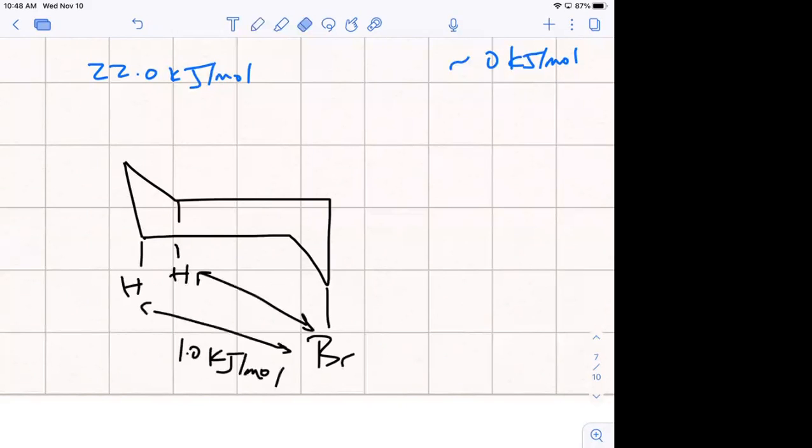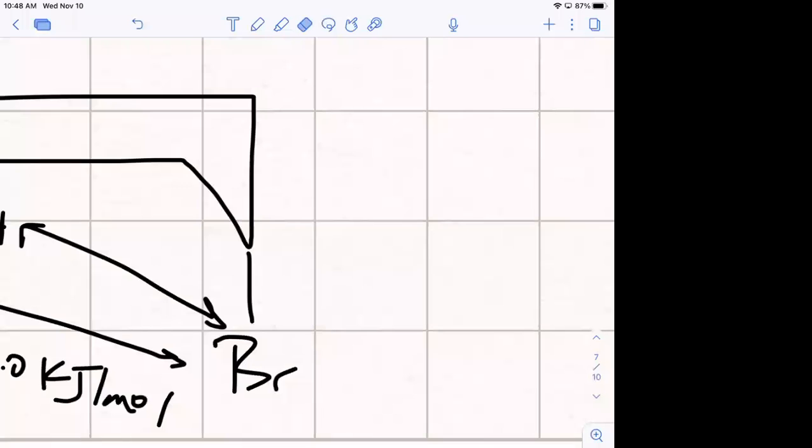So the total energy here is going to be somewhere in the range of 2 kilojoules per mole. And that's because halogens, even though they have a high atomic radius and they're big atoms, normally a carbon halogen bond is pretty long, right? So it'll be a little bit further away from the ring.